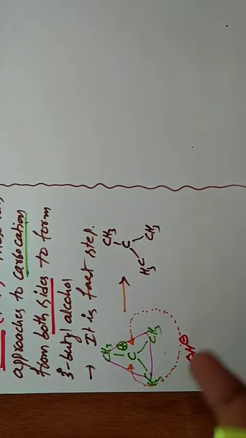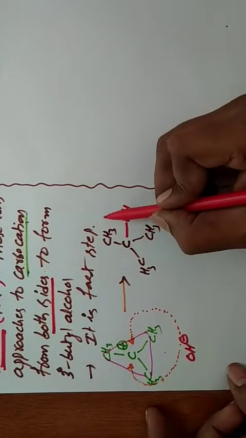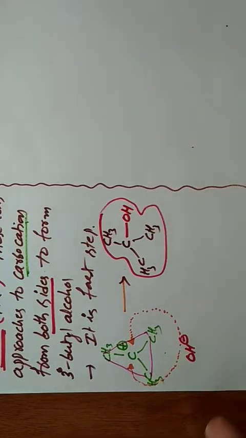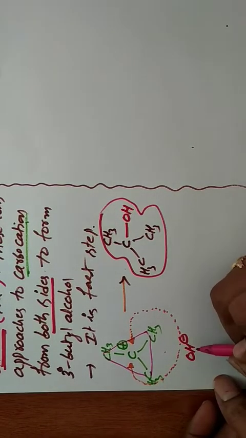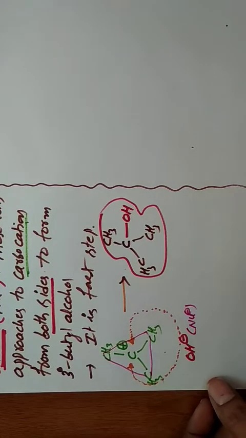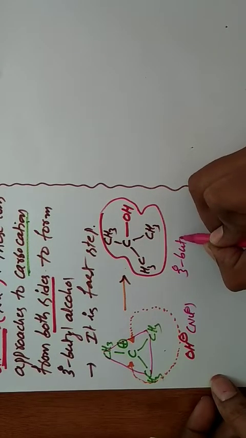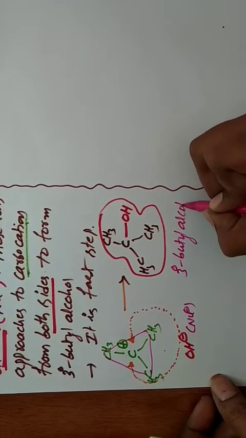This OH group is directly attached to this carbon. So we can get this product. Here this OH minus acts as a nucleophile. This is the nucleophile. This is tertiary butyl alcohol.